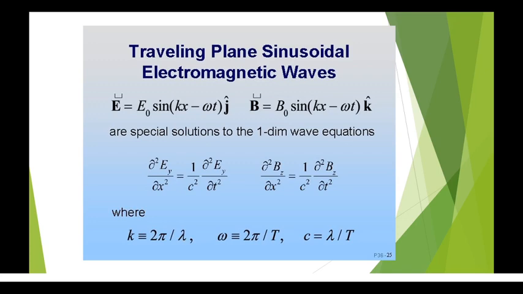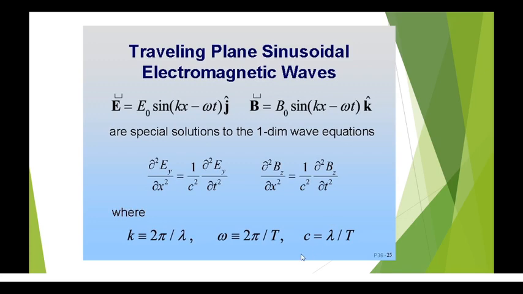Omega is the angular frequency of the wave, which is equal to 2πf, f being the frequency of the wave, or ω is equal to 2π by T, where T represents the period of the wave.